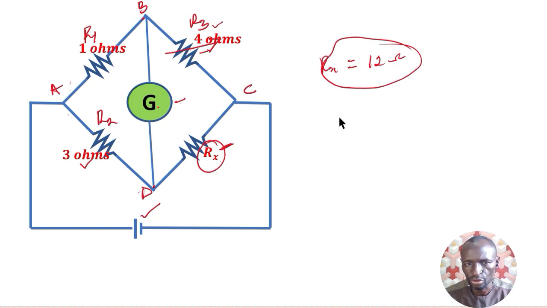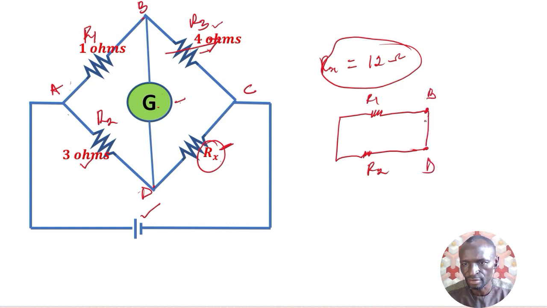The first thing I want us to do is to redraw this circuit. Now, look at it this way. This is my R1. Here is my R2. Now, let me tag this point here, my point B, and here also is my point D. So that here is my R3 and here is my Rx.